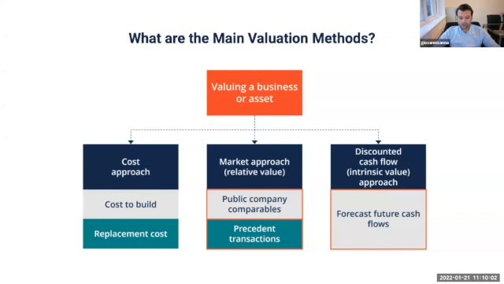And the other one, as we mentioned the other time, is the discounted cash flow, an intrinsic value approach. It's hard to say if there is a correct method, but sometimes you have to do at least two methods and get an average valuation.